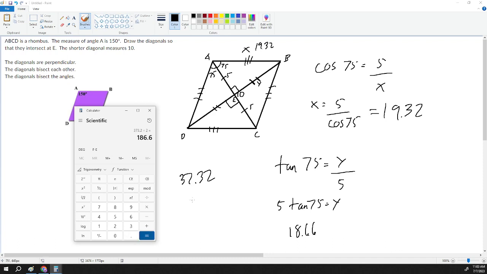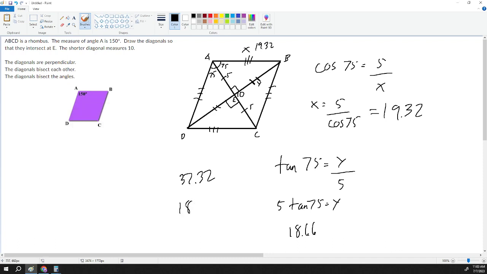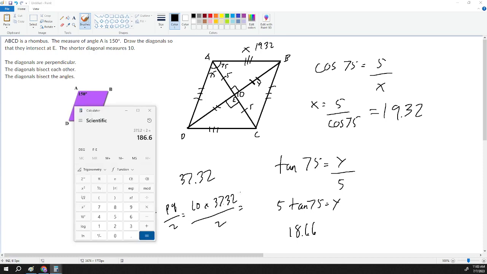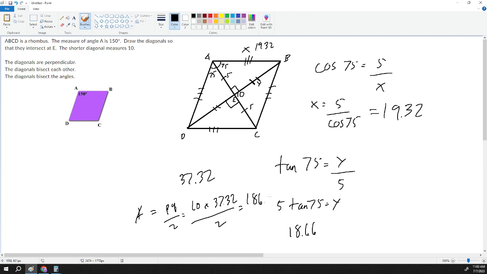Our area is PQ over 2, 10 times 37.32 divided by 2 is equal to 186.6. This is the area of our rhombus.